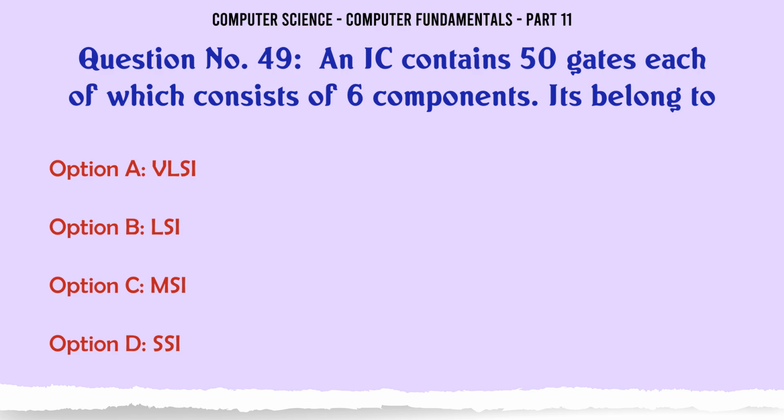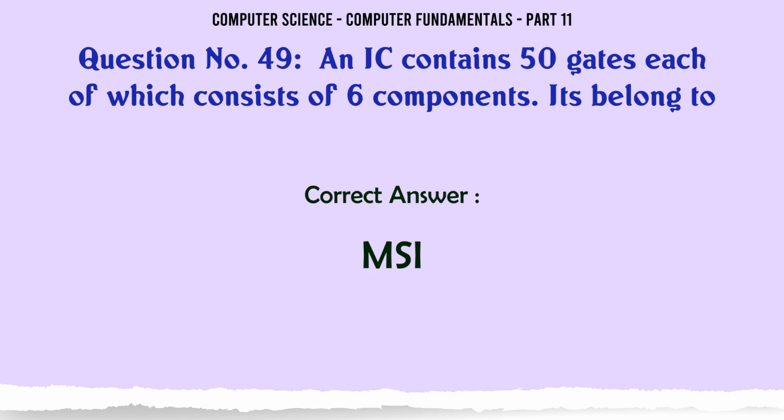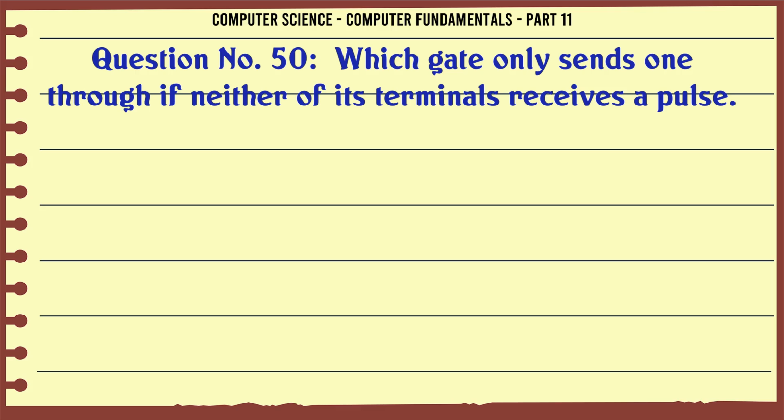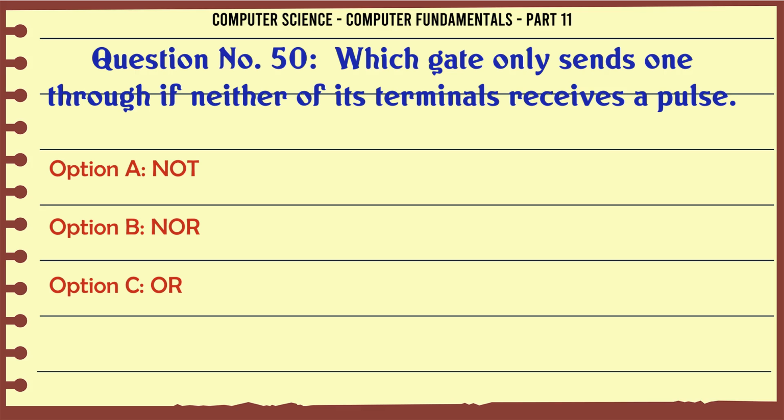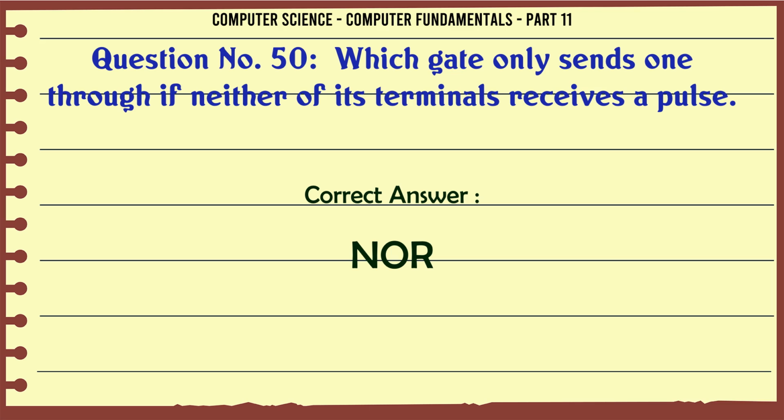It belongs to A. VLSI, B. LSI, C. MSI, D. SSI. The correct answer is MSI. Which gate only sends 1 through if neither of its terminals receives a pulse? A. Not, B. Nor, C. Or, D. None. The correct answer is Nor.